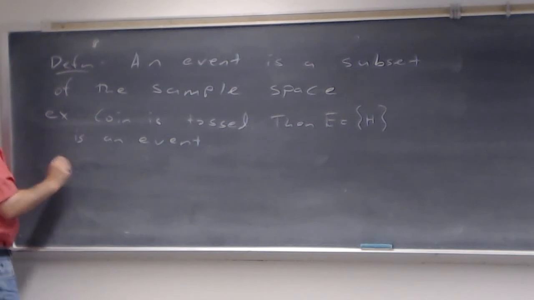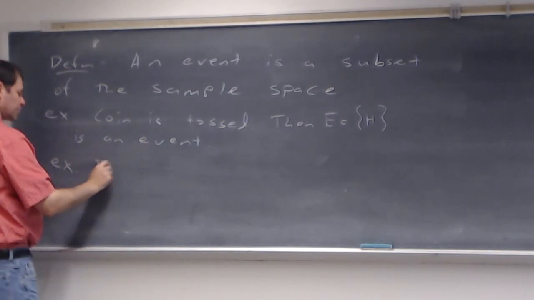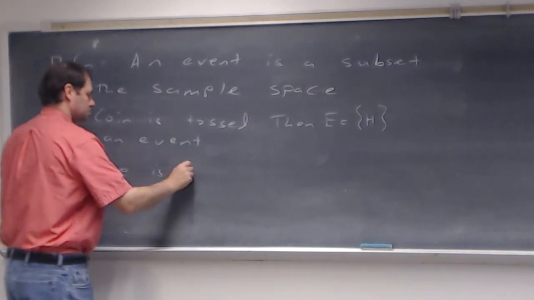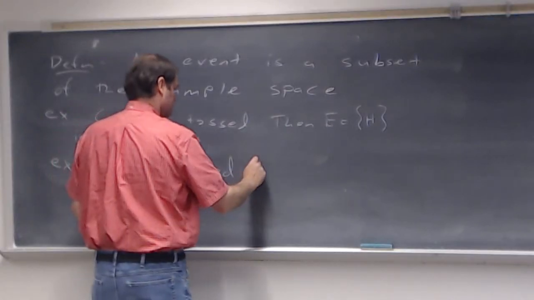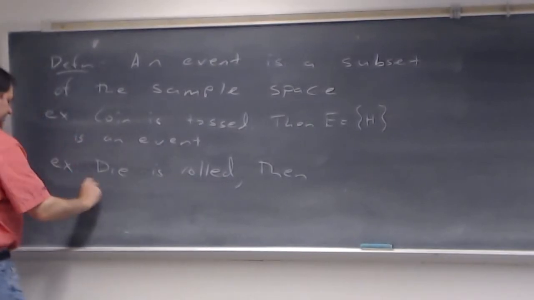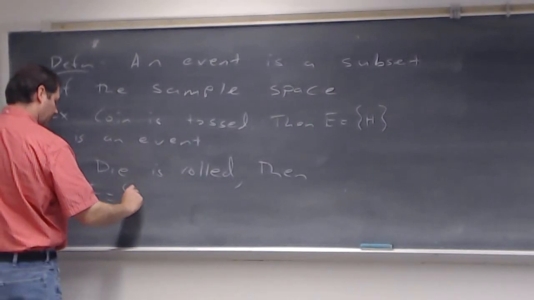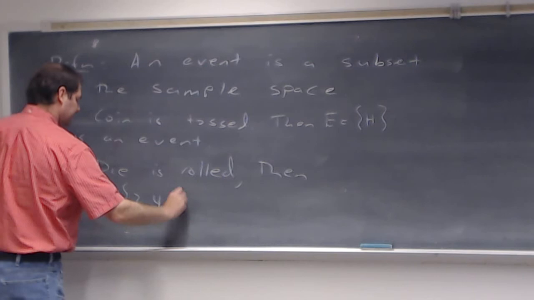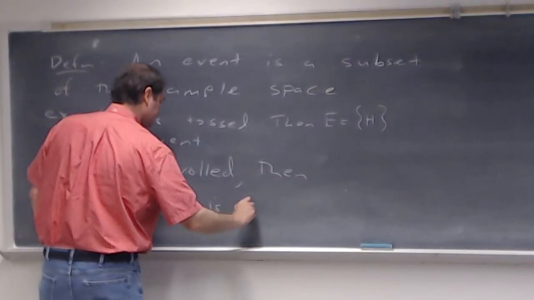Another example is if the die is rolled, then we'll say the set F equal to 2, 4, and 6 is an event.